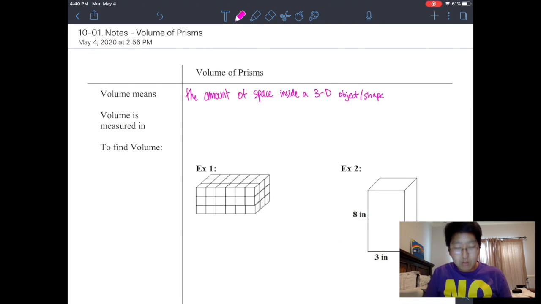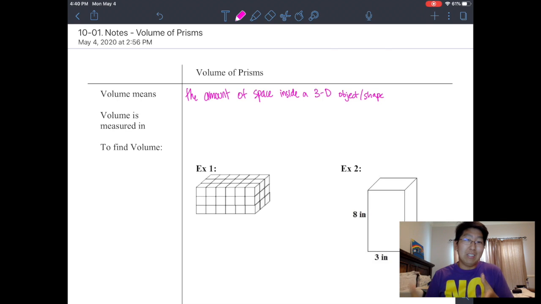Area and volume are very similar. Area asks for how much is inside a two-dimensional object or shape. Volume is going to be the space inside of a three-dimensional object. So if you've ever had a jewelry box or a card box or a shoe box or anything like that, that's kind of what we're talking about.